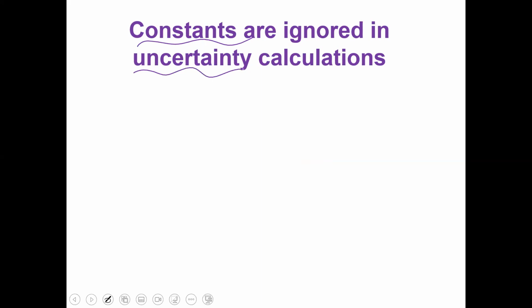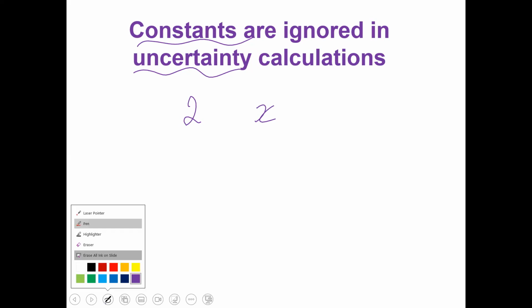When you have a number 2, there is no uncertainty in it. But when you say X, it can have an uncertainty. Constants are ignored in uncertainty calculations.